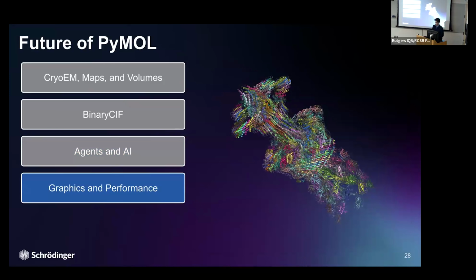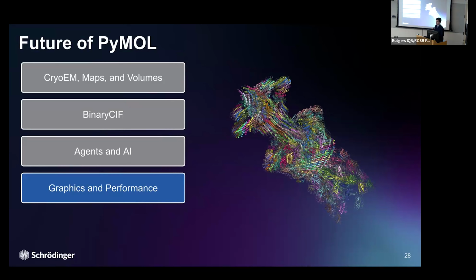The next topic I want to bring up is graphics and performance. So again, just thinking about how far graphics has come in the last even 10 years, but especially 25. GPUs are now a lot more prevalent and a lot more powerful. And so we're working on a couple different ways of leveraging this, both for improving graphics, doing real-time ray tracing, material properties, things like that, but also for these more computationally expensive surface generation calculations.